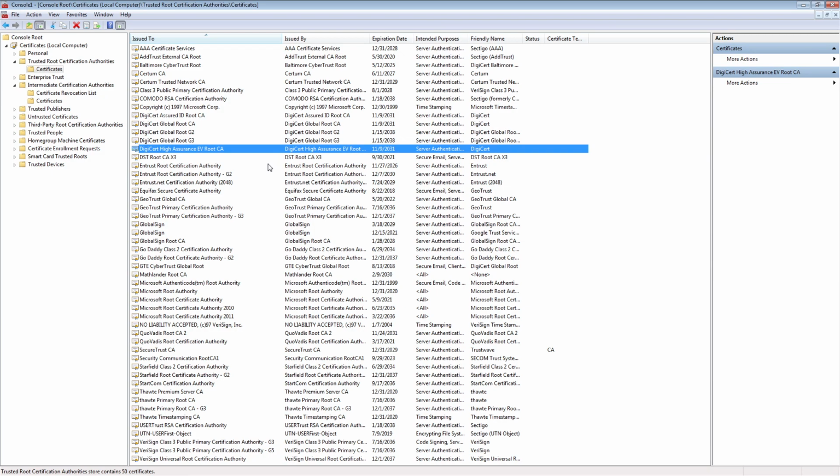So there actually is some process to go through in order to get those SSL certificates that are trusted.